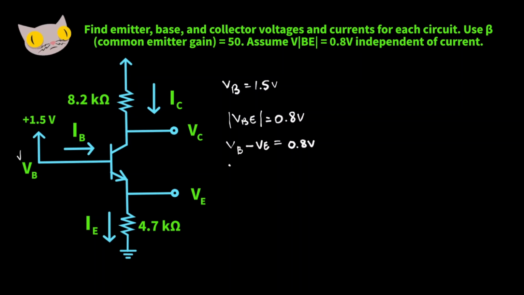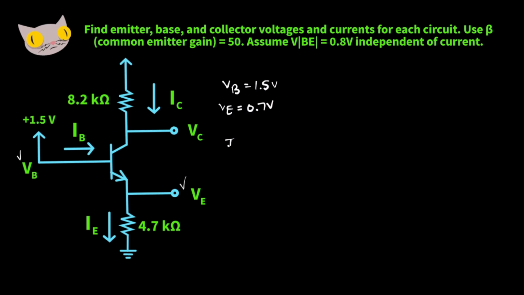We have base voltage minus emitter voltage is 0.8. Subtract 1.5 from each side. Negative VE is equal to negative 0.7 volts. So our emitter voltage is 0.7 volts.